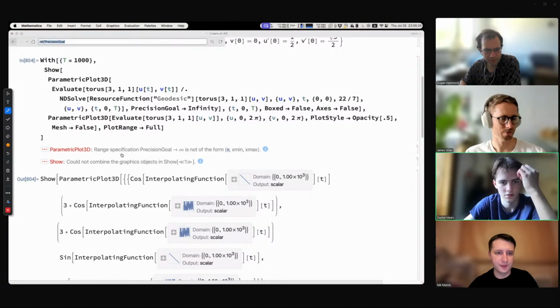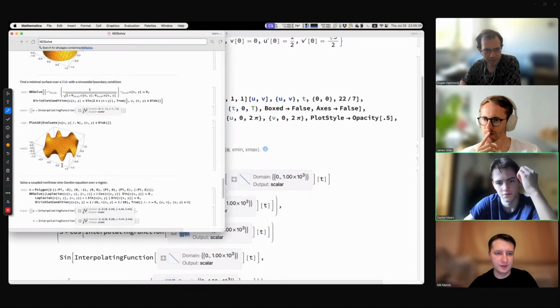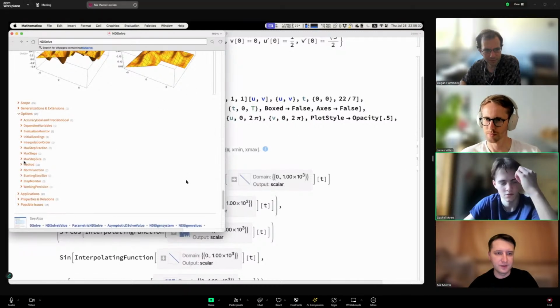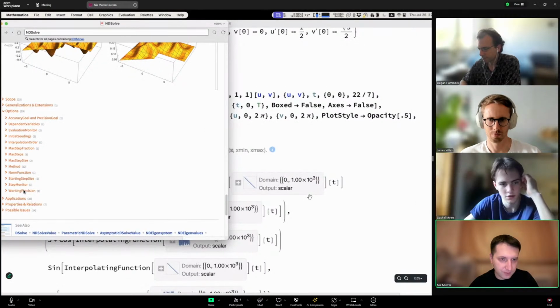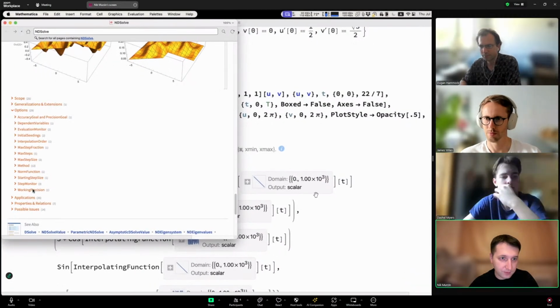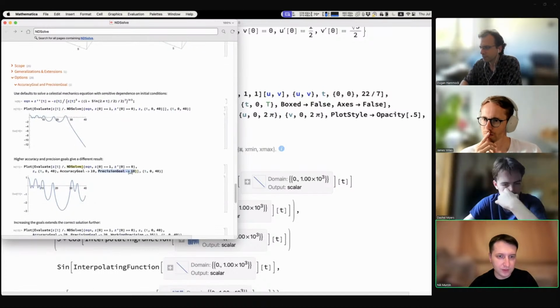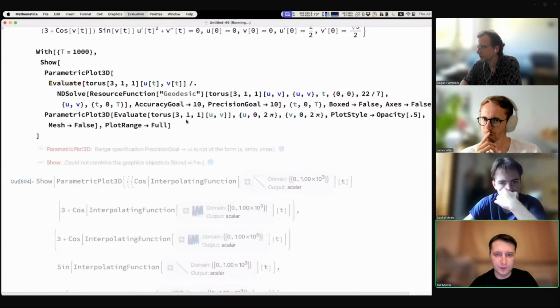Angle. Oh, there's no precision goal here. Yeah, a list of values, I think. Oh, here. It's 10. High accuracy and precision goal. Well, maybe we should specify both of these options.